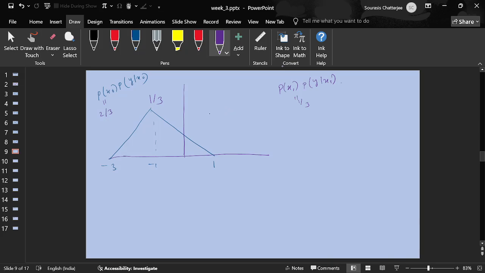It should be shorter, so I should mark somewhere here, 1 over 6.